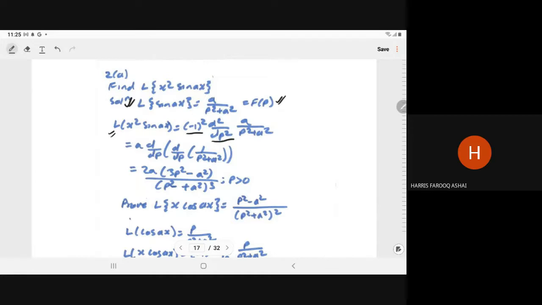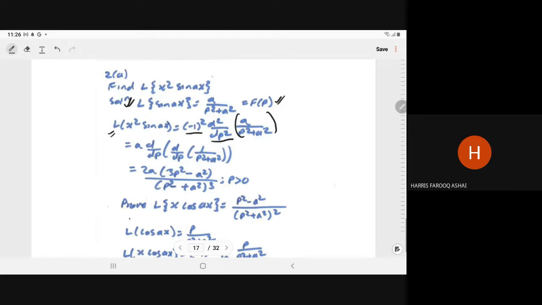Here it becomes (-1)^2 d^2 upon dp^2 of a upon p^2 plus a^2. Now you have to take the derivative of this function two times, which gives 2a(3p^2 minus a^2) upon (p^2 plus a^2)^3, with p greater than 0.